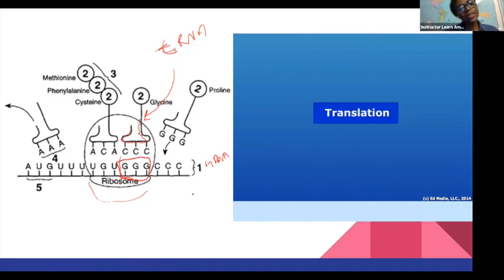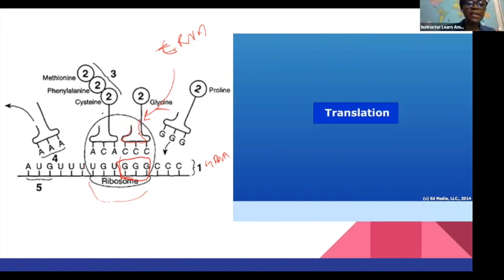So let's try that one more time. In the messenger RNA code, every 3 bases, a codon, codes for an amino acid. Once it gets to the ribosome, the transfer RNA will match based on the anticodon, which in this case is CCC. That transfer RNA will know that it's correctly matched, and it will then be linked to that amino acid.